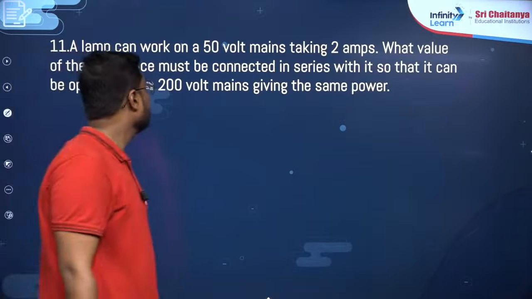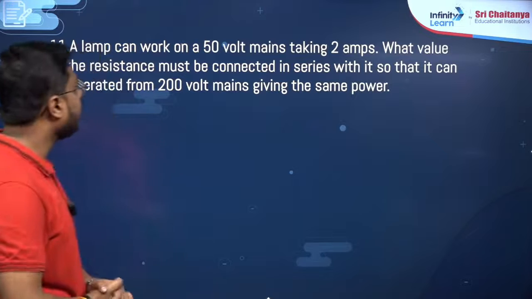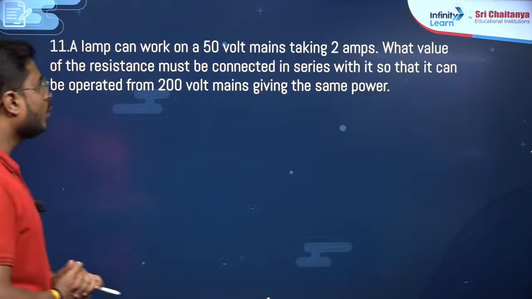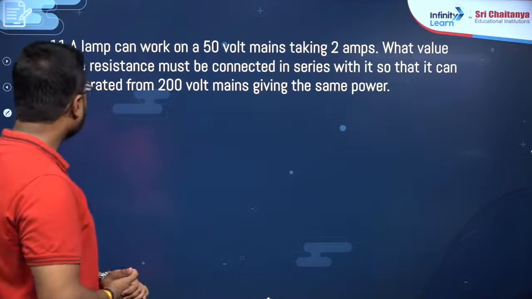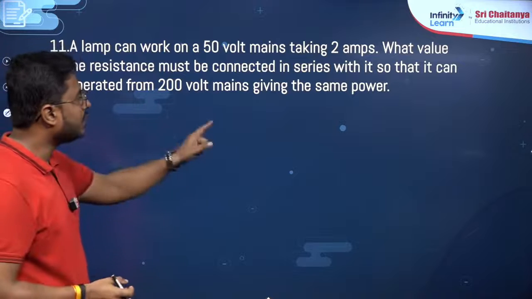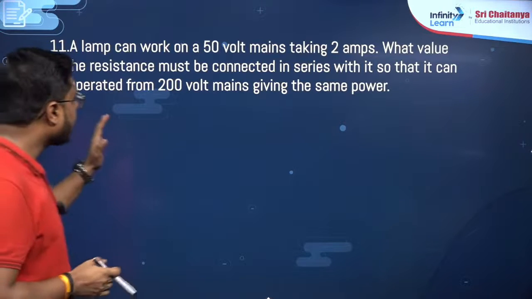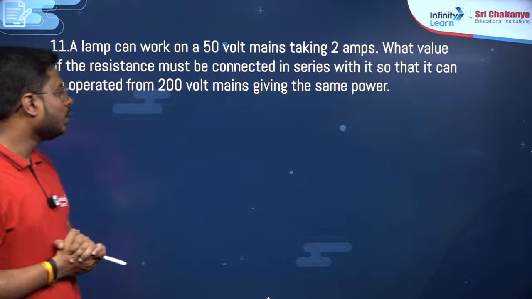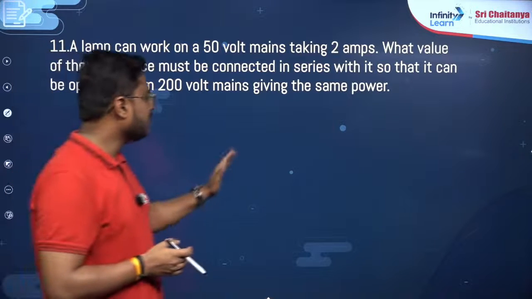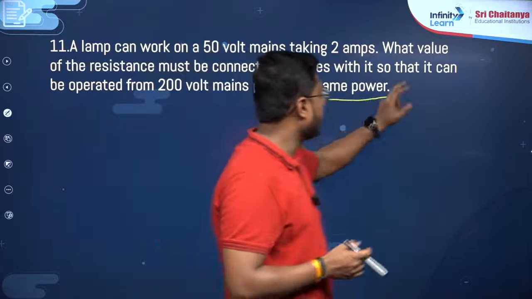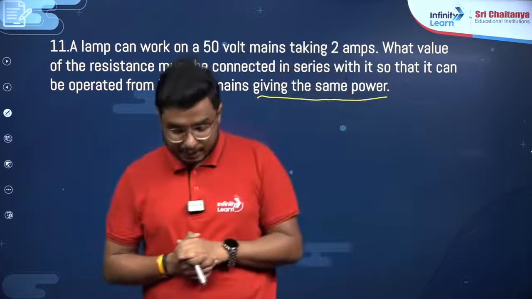A lamp can work on a 50 volt mains taking 2 amperes. What value of the resistance must be connected in series with it so that it can be operated from 200 volt mains giving the same power? That is very important, giving the same power.